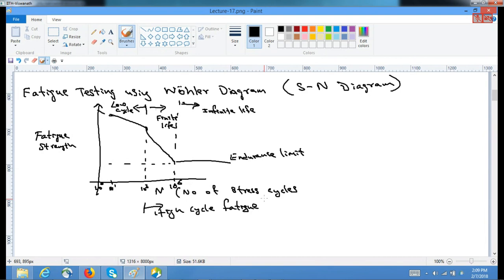Now we want to make use of this in our design procedures. For that, we need to understand the endurance limit, and we also defined it last time.